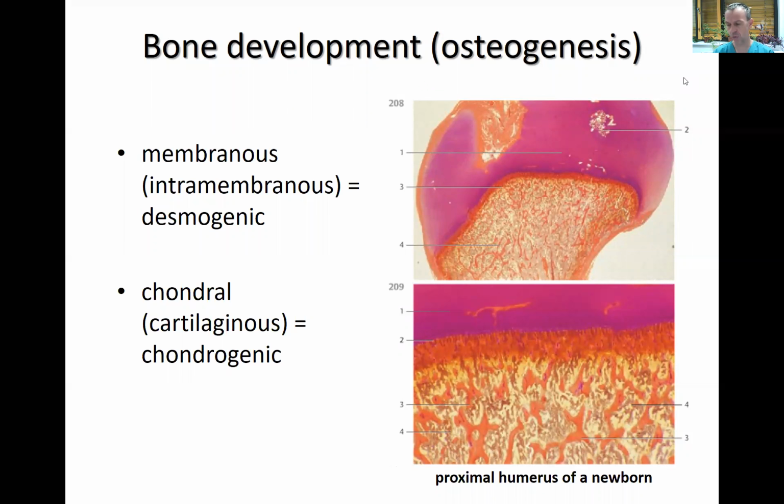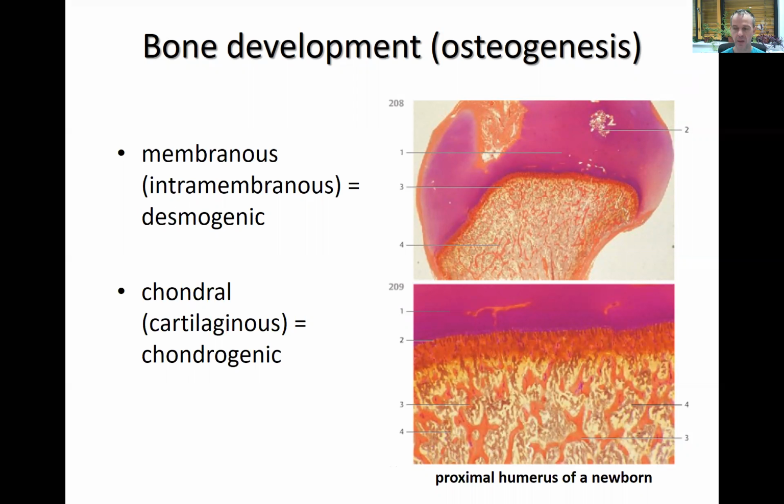Okay, that's all for the joints of the lower limb. And to conclude the bones and joints of the limb, we just should shortly talk about the development of the limbs. As we know, the bones can ossify in two ways. One is called membranous or intramembranous ossification.